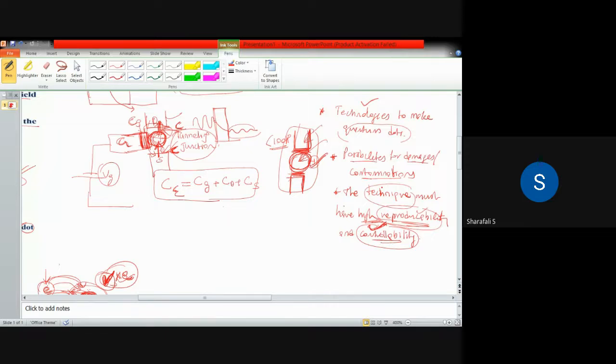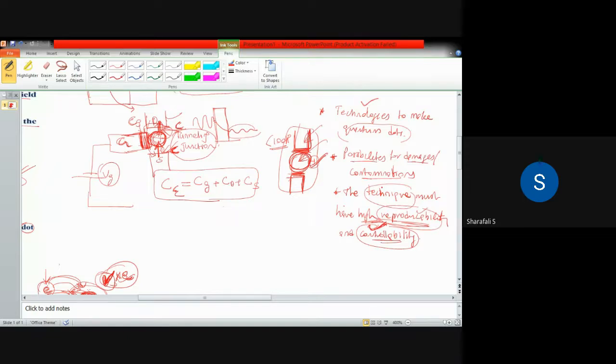All those things we have to take care of. And during this process, there are possibilities for damages and contaminations. Many other materials can be involved in these reactions. And also, while making this kind of device, there are many possibilities of damages because we are dealing with nanoscale.